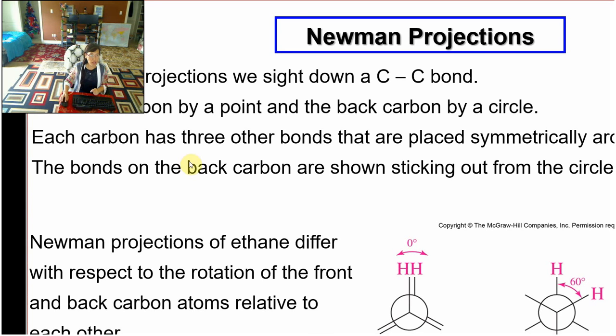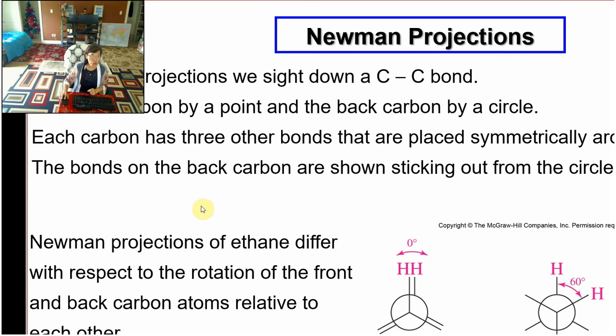For the front carbon, you simply connect to that point and draw a single line to represent each bond. For the back carbon, you use the bonds sticking out of the circle to represent the different bonds.